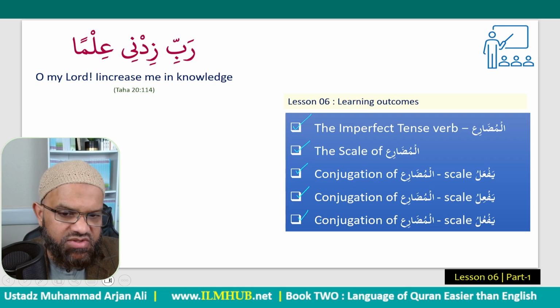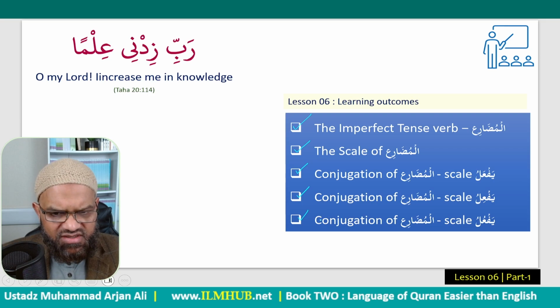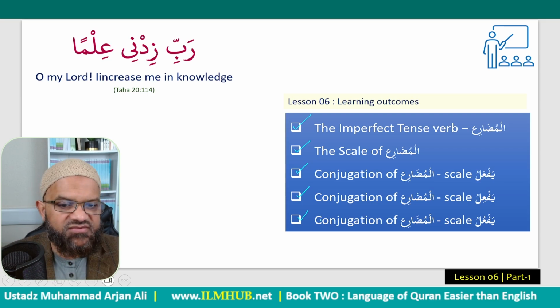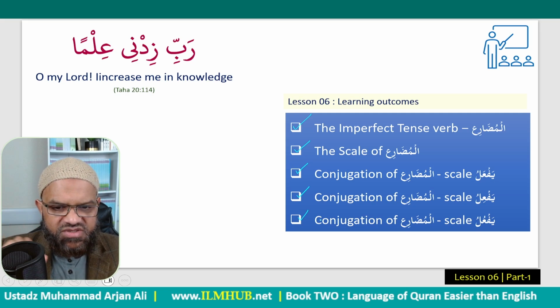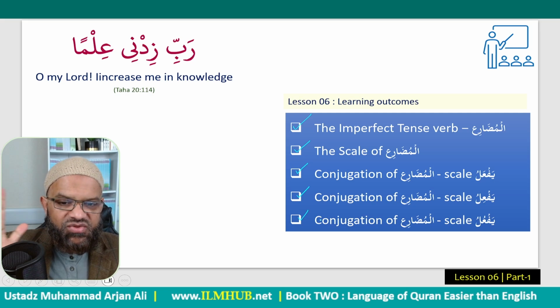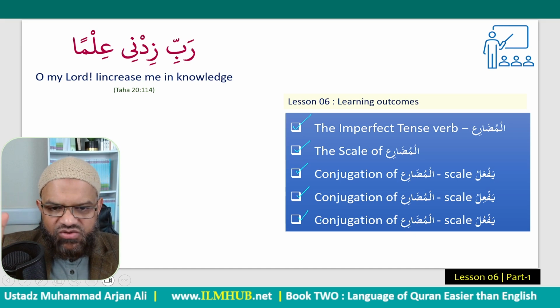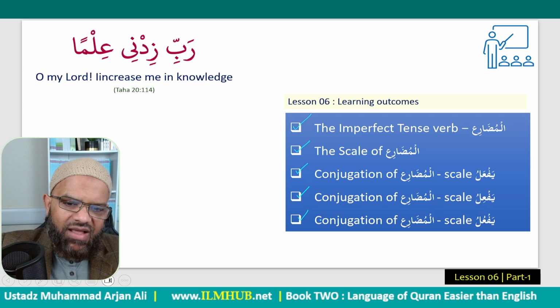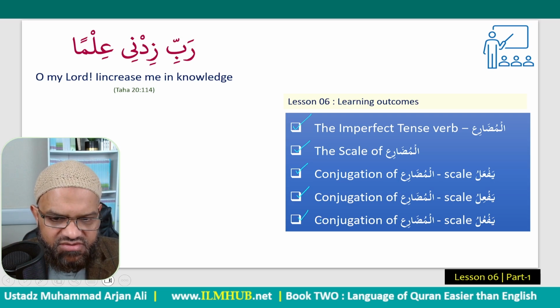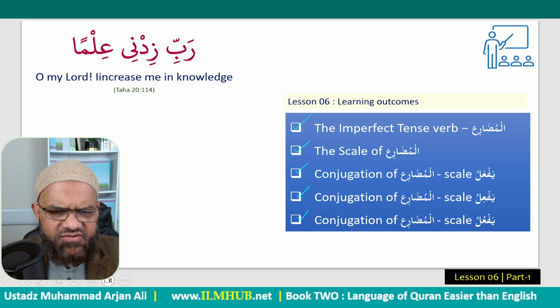The advantage of going this way is that when you get a little bit further in this course, you'll be able to recognize words in Arabic you don't even know the meaning of. So you look at a word and you say, okay, this is definitely a mudari verb, this is a madi verb, this is an amr verb, this belongs to this scale. I don't know what the meaning is because I don't know the root, for example, and then all I need to do is look it up in the dictionary. That is why Arabic is very, very rich in vocabulary.